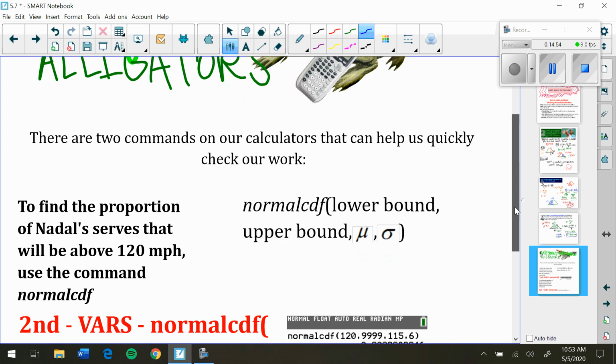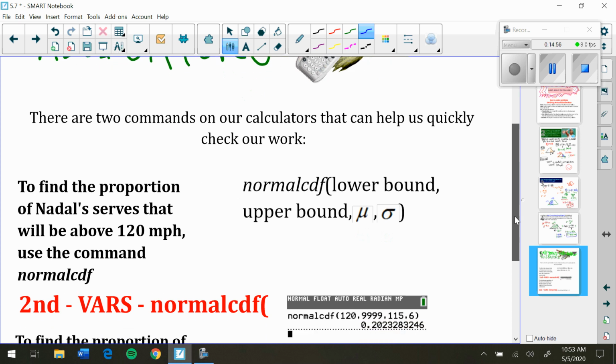So the first one is normal CDF, which the C stands for cumulative. Normal meaning it's a normal curve. This is found if you click the second key, which is the top left key on your calculator, and then go over to VARS, which is kind of next to the clear button, and then the second option is normal CDF.